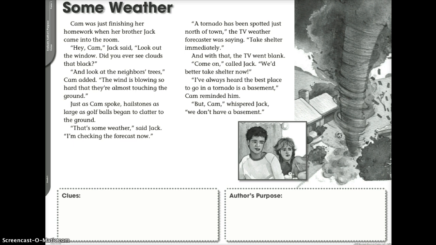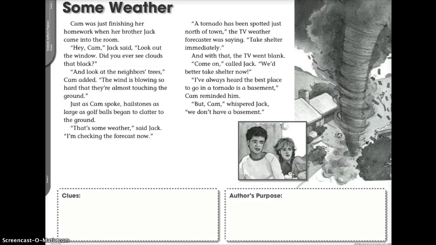Some Weather. Cam was just finishing her homework when her brother Jack came into the room. "Hey, Cam," Jack said, "look out the window. Did you ever see clouds that black?" "And look at the neighbor's trees," Cam added. "The wind is blowing so hard that they're almost touching the ground." Just as Cam spoke, hailstones as large as golf balls began to clatter to the ground. "That's some weather," said Jack.